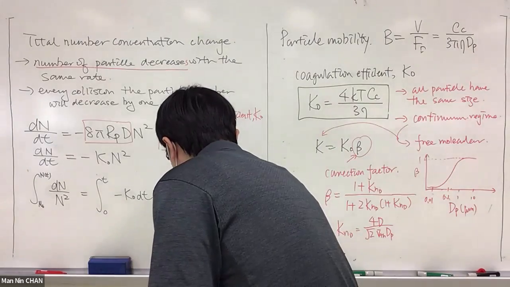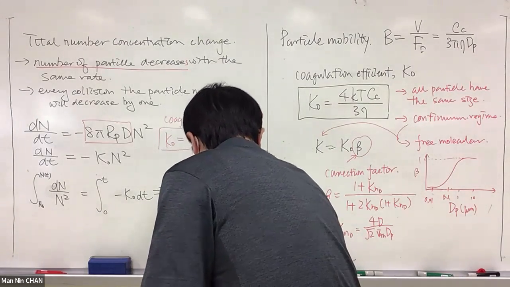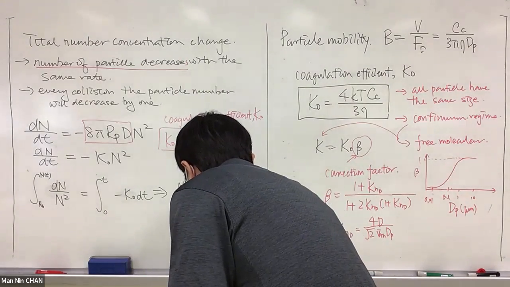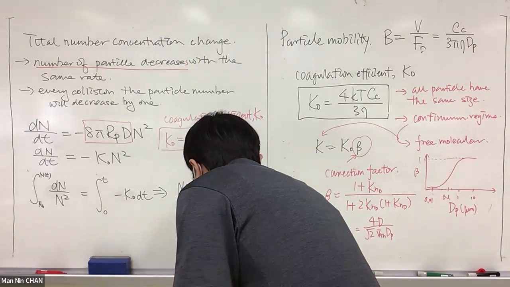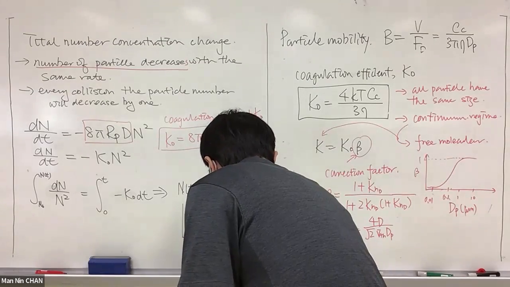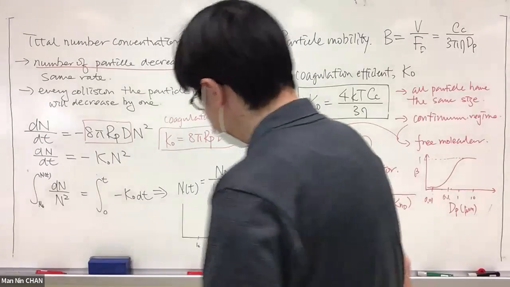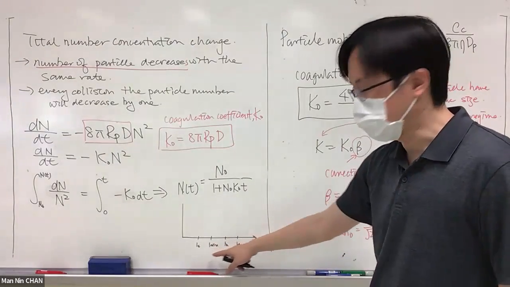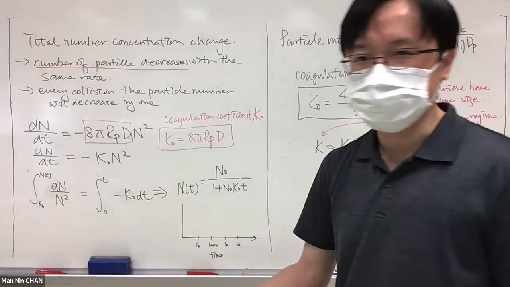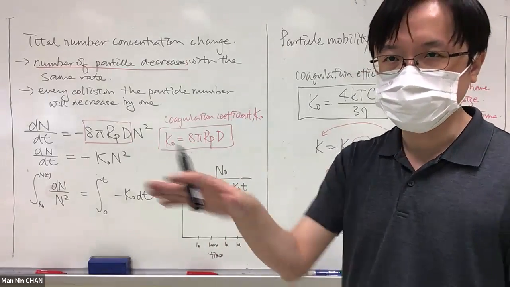So then, if you plot this graph, let's say I try to plot at different times. This is time. Remember, usually time is not in the log scale, it's a linear scale.